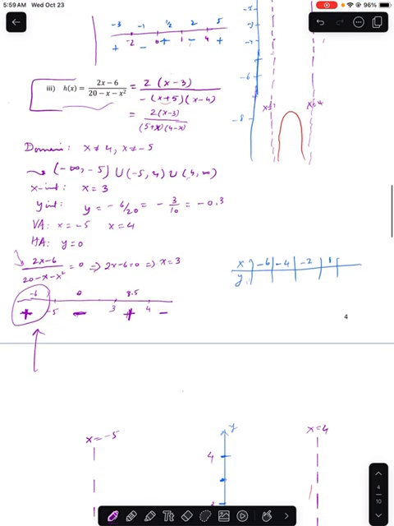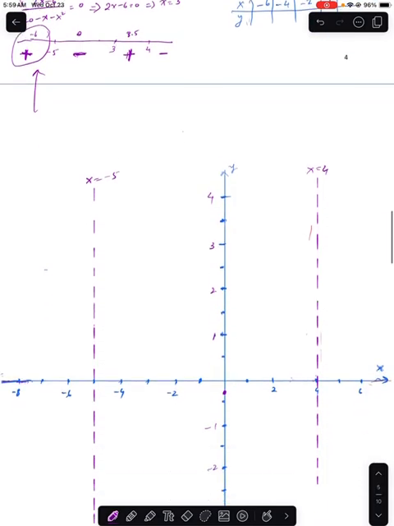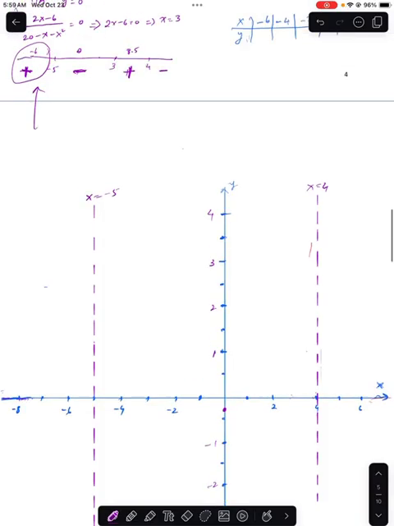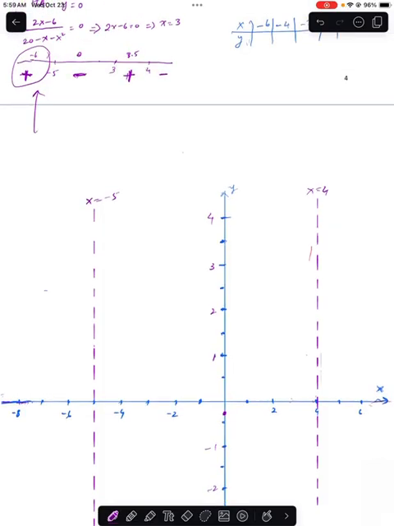But here, because the x-axis is our horizontal asymptote, we only have to worry that if the sign is positive, it means it is above the x-axis. So it means the graph is going to be in this region.